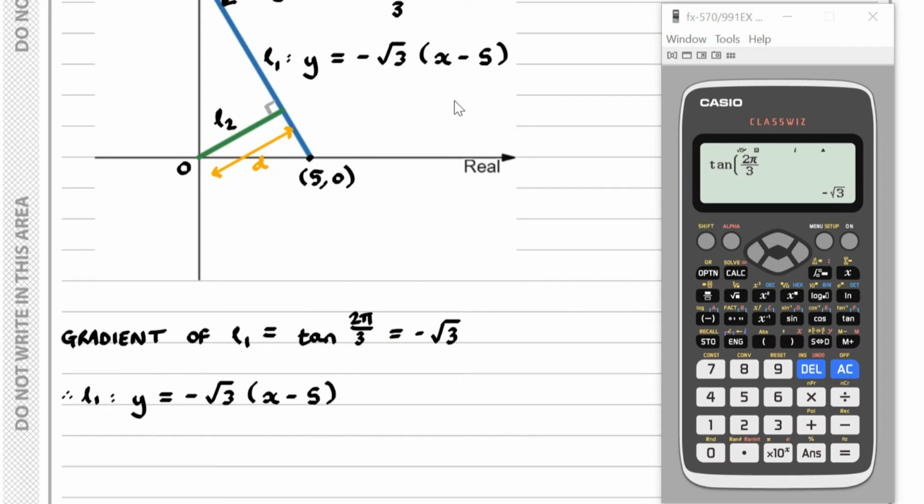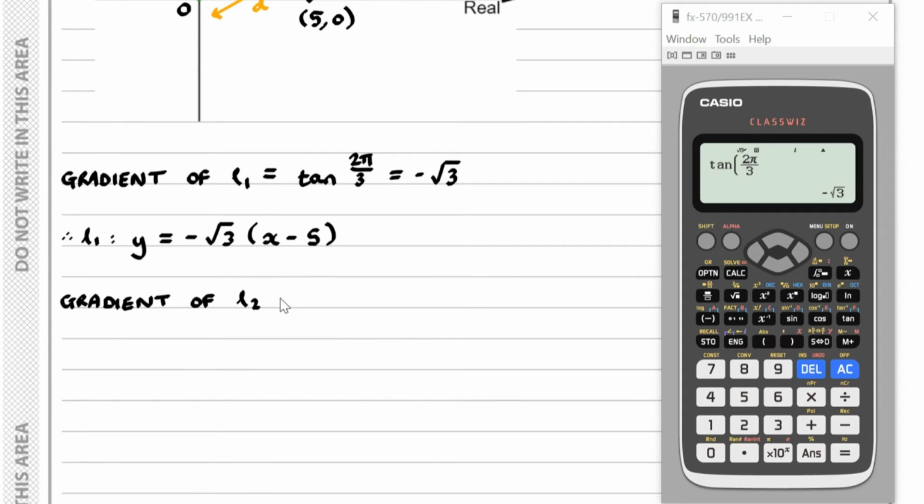We can now find the equation of L2. First of all, we need the gradient of L2. The gradient of L2 is equal to the negative reciprocal of negative root 3. So we have minus 1 over minus root 3, which is 1 over root 3.